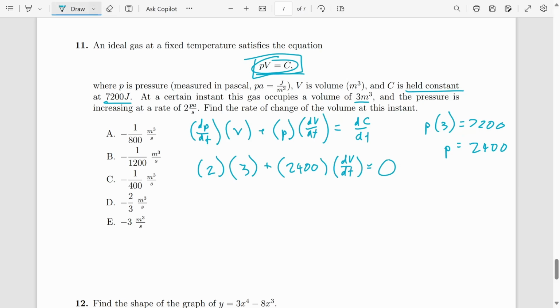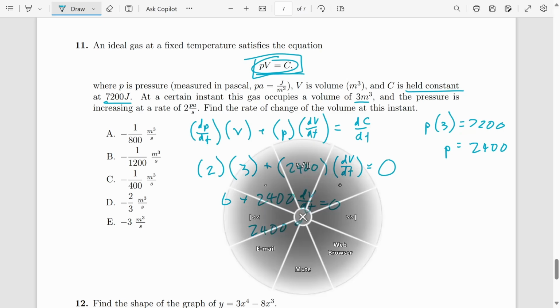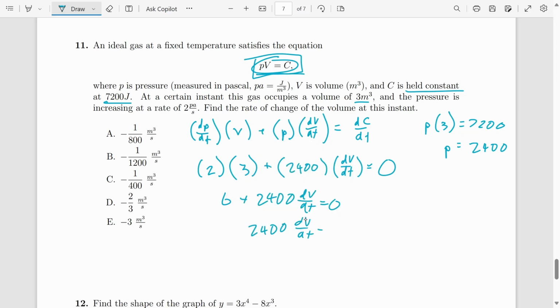So simplifying now, 2 times 3 is 6, plus 2,400 times dV over dt equals 0. Subtracting 6 from both sides, we get 2,400 dV over dt equals -6. Divide both sides by 2,400, we get dV over dt equals, so 2,400 divided by 6 is 400, so -1 over 400.